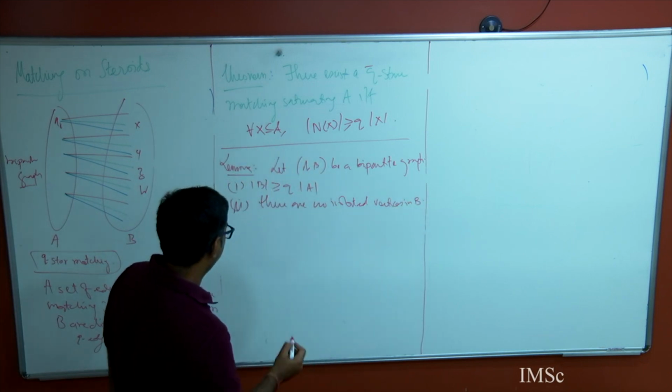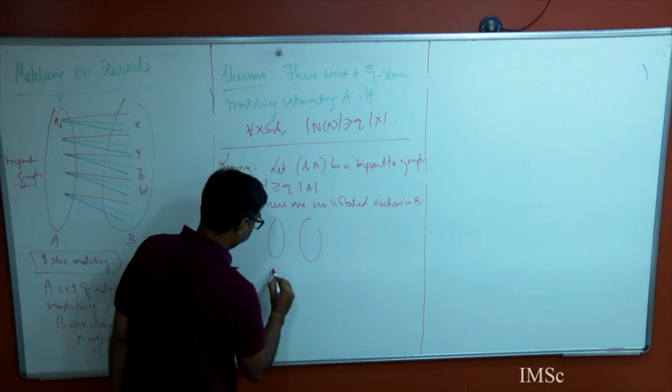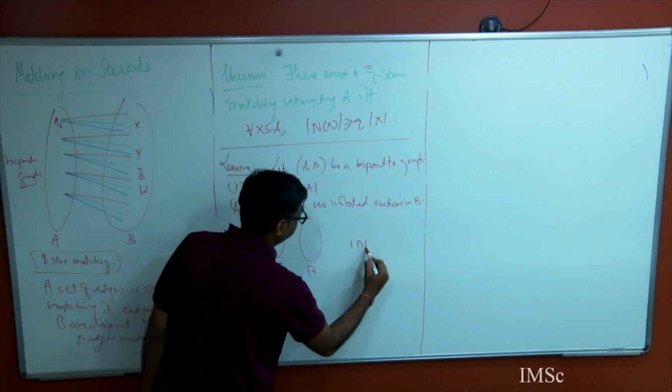So here is A, here is B, and the cardinality of B is large.